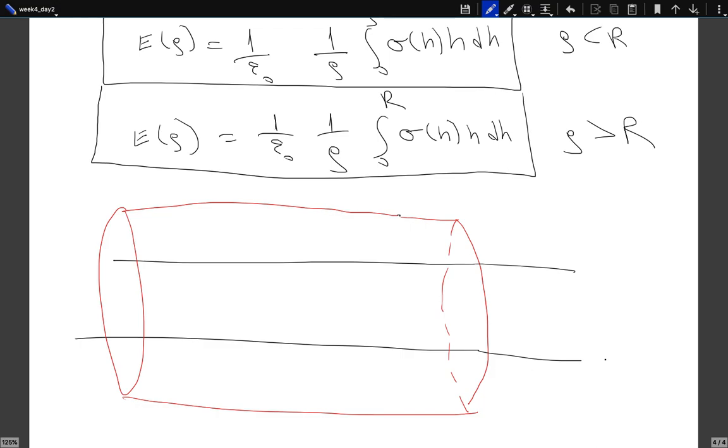This is the Gaussian surface. The red cylinder is the Gaussian surface that I imagine. Of course, the top and the bottom are closed.